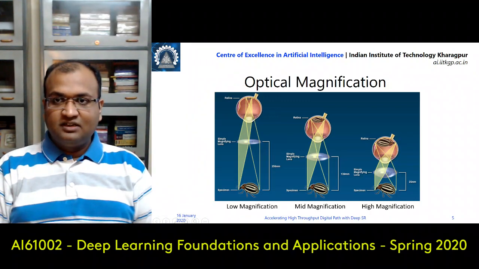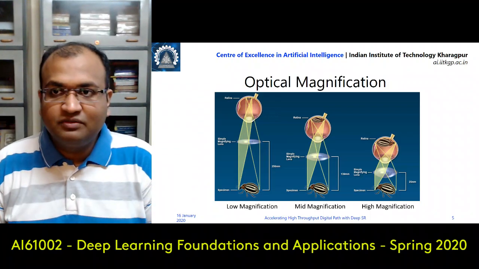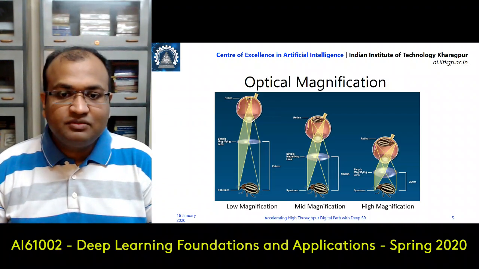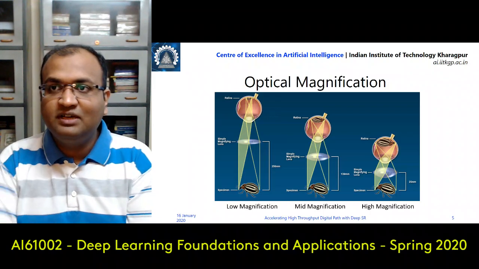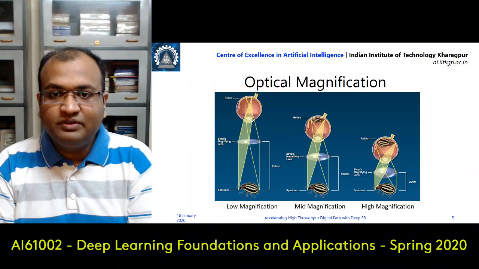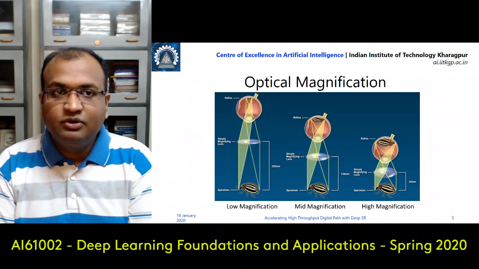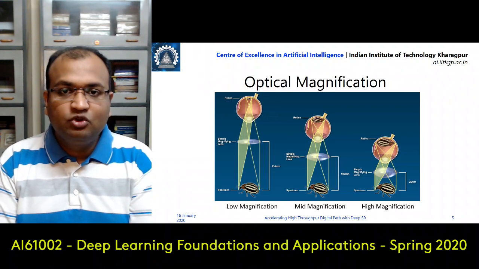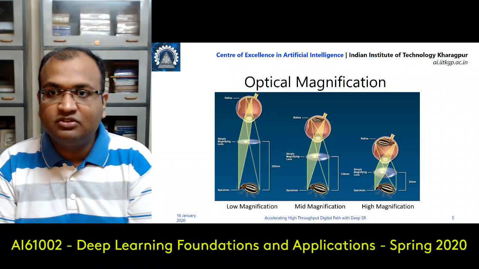And the bigger the size of the image, coming from that aspect of resolvability or resolution we were speaking about, the easier it is to discriminate between neighboring lines when they are placed very close apart. So you would say a higher magnification is when you are able to discriminate between lines placed very close to each other. Are we clear with this understanding of resolution and the lens concept?